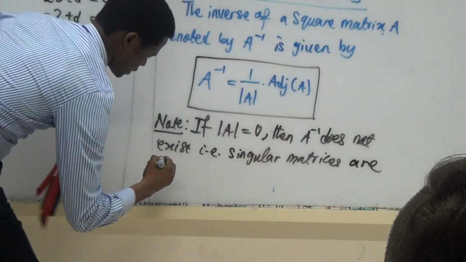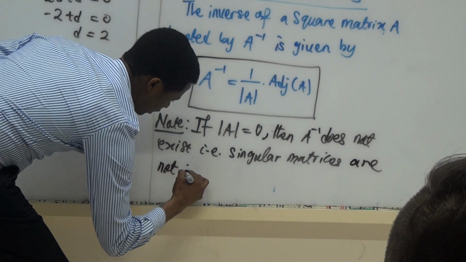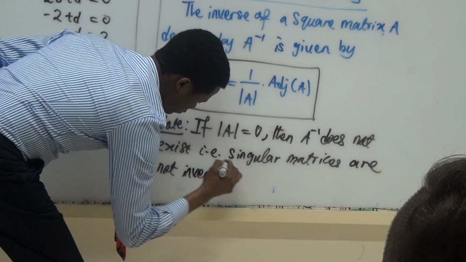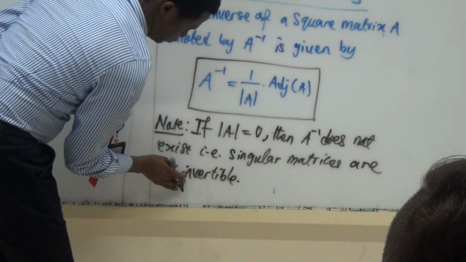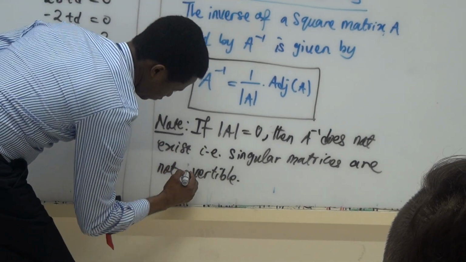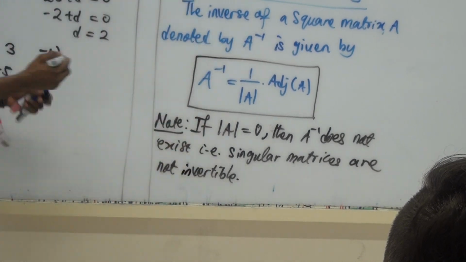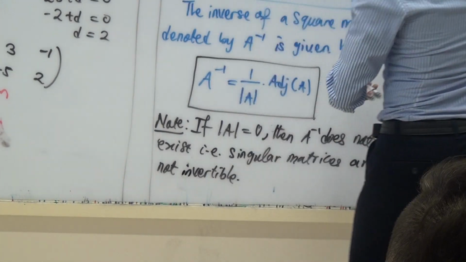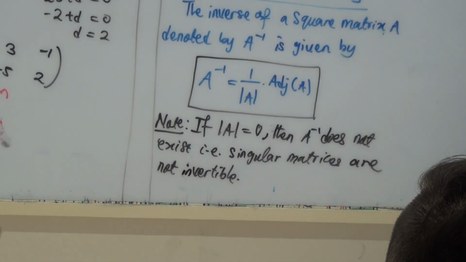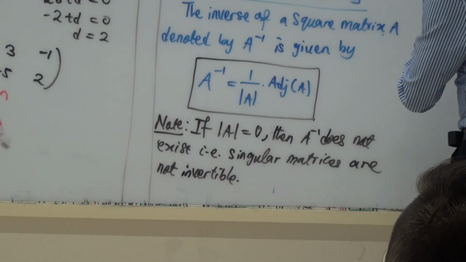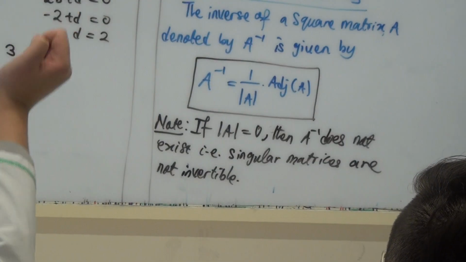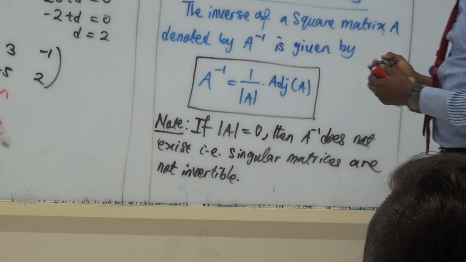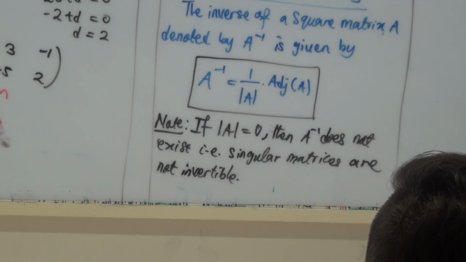Singular matrices are not invertible. So please take note of that. Thank you, Trudy, for recalling that. Singular matrices are not invertible. Okay, so quickly, let's find maybe 1 or 2 examples, and that's it.